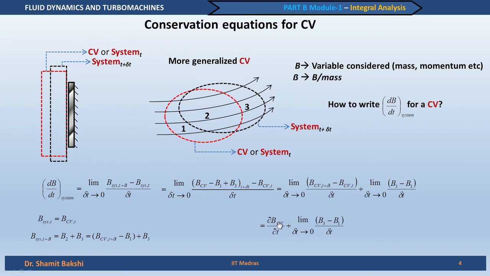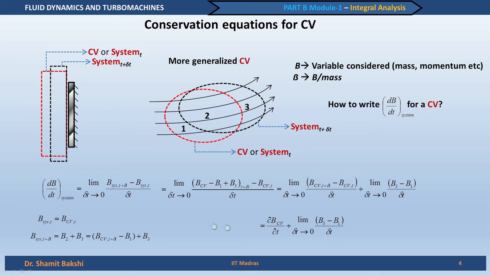B in the control volume could be dependent on time and space. So, we write it as a partial derivative. So, partial derivative of this quantity b c v with respect to time plus this second quantity. Let us see how to write the second part of this equation now.